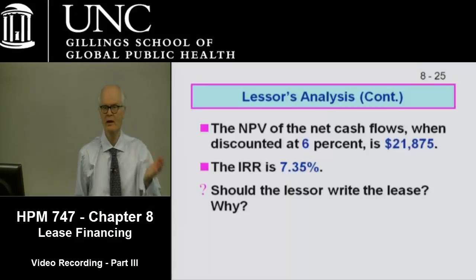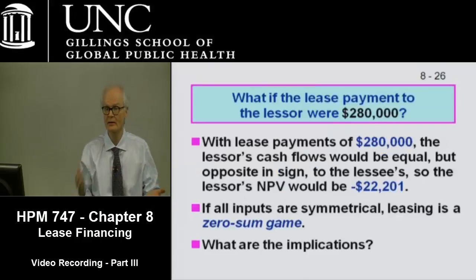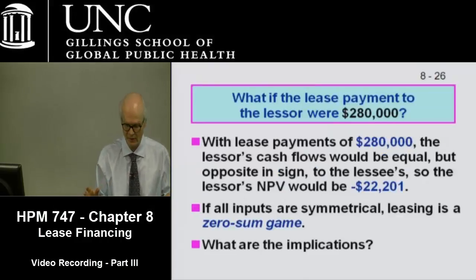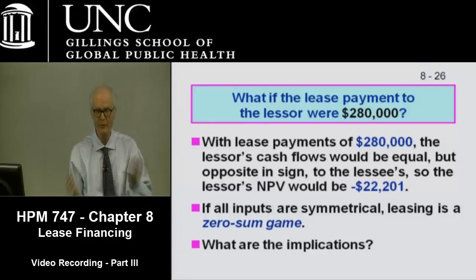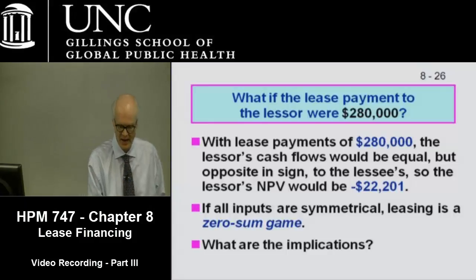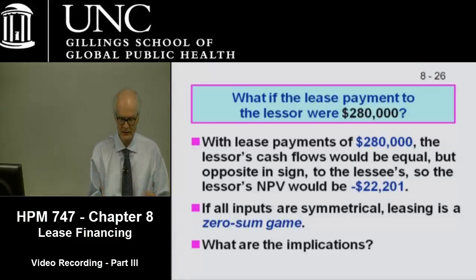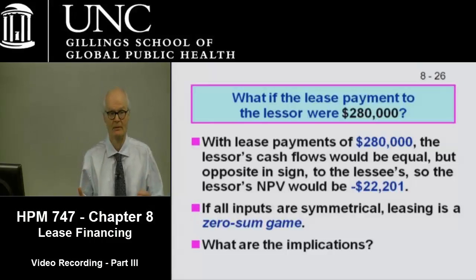If the healthcare organization and leasing company had exactly the same tax rates, the same estimate of residual value, the same estimate of residual value risk, the NPV would be the opposite. It would be the same number as the healthcare organization, but with a negative sign. And the reason is that leasing is a zero-sum game, because there's two parties to the transaction.